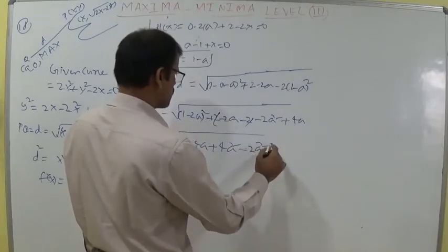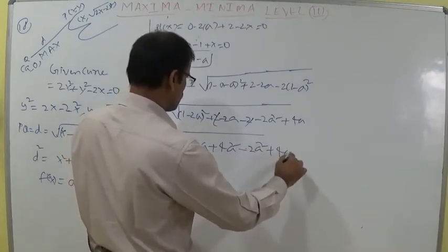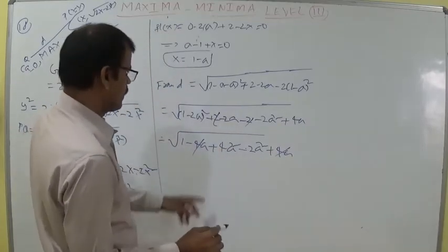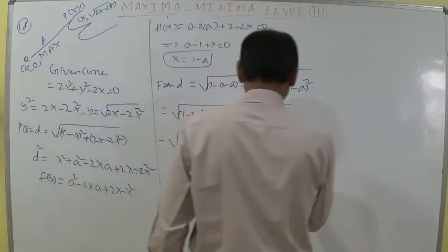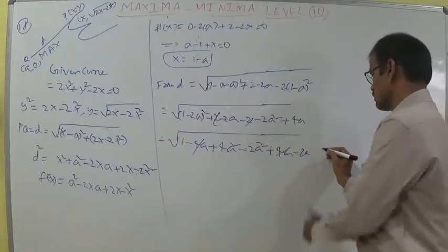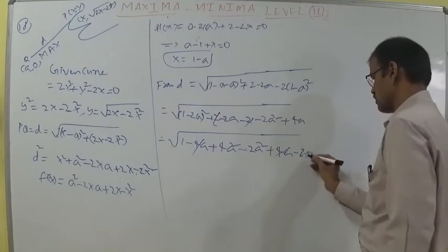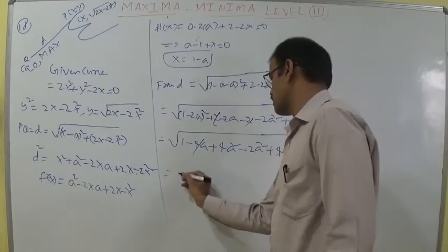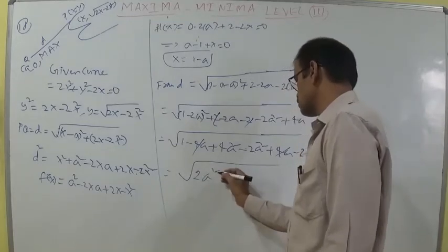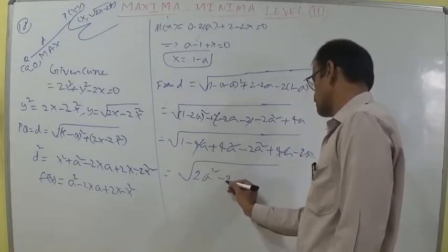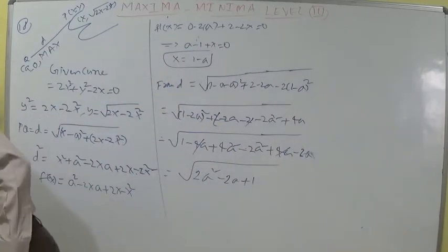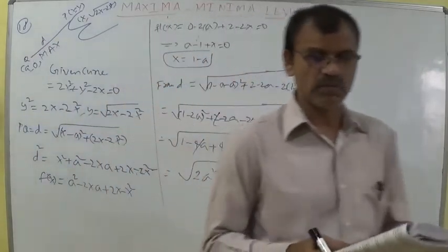Minus 2a square I am writing plus 4a. Here minus 4a plus 4a got cancelled, and minus 2a we should write here, it is not cancelled. Now you can write here 4a square minus 2a square becomes 2a square. 2a square minus 2a plus 1 is the distance of the point given as fourth option.